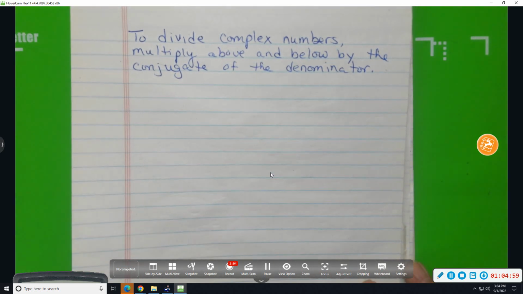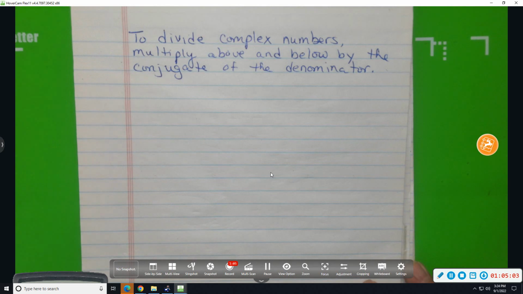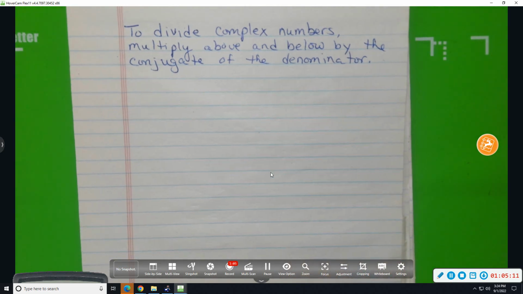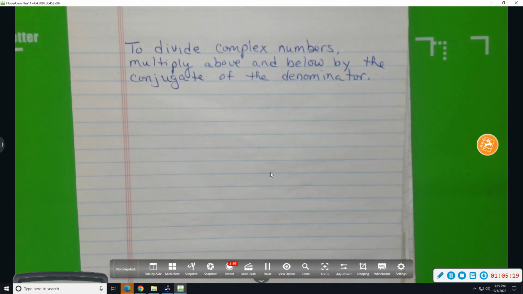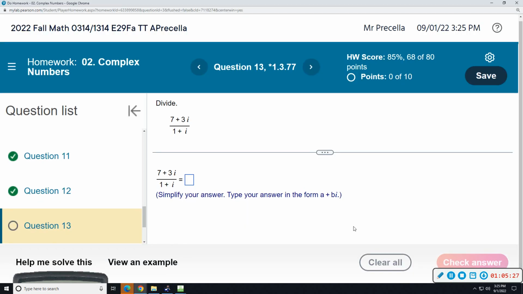And remember what the conjugate is. That's just change the middle sign. And denominator is the bottom, denominator down. And why do we do that? Because we don't want a square root in a denominator. So the reason why we're getting rid of the i from the denominator, why we're having to multiply by the conjugate, goes back to this notion: no square roots in the bottom.